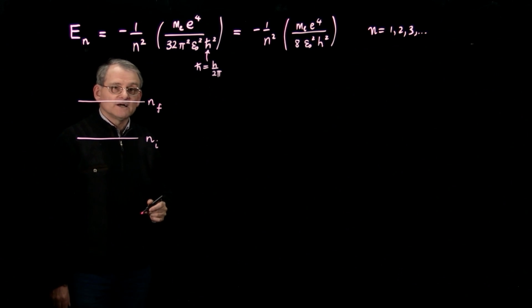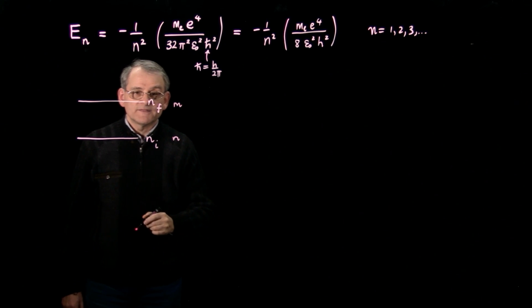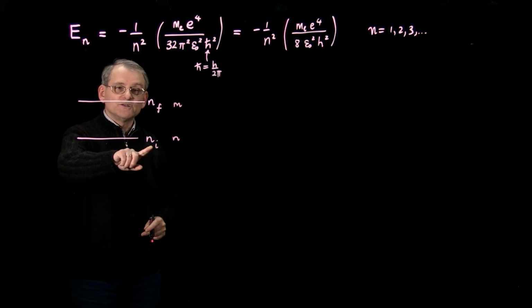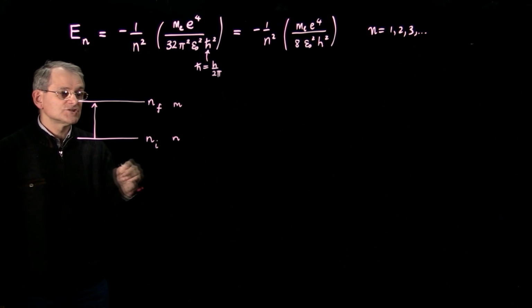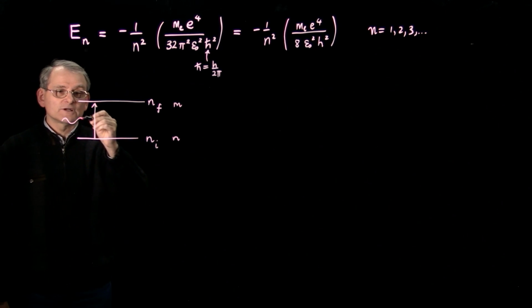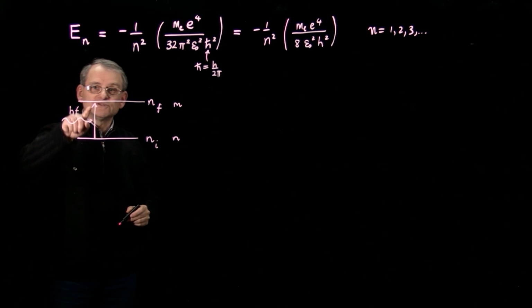In the PowerPoint slides, we call these n and m, but I think it's clearer to say initial and final. If it's an initial state n_i and a photon comes in, then the photon is absorbed and it causes a transition to the excited state.